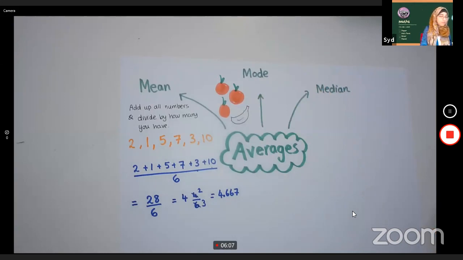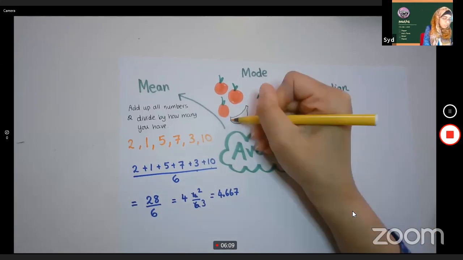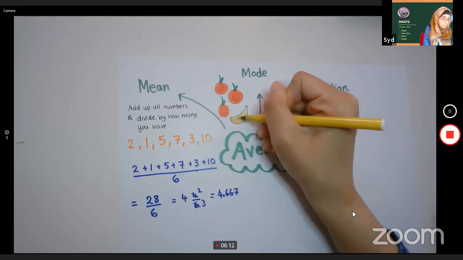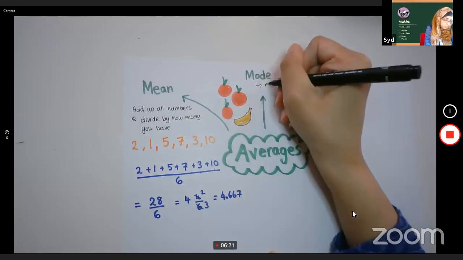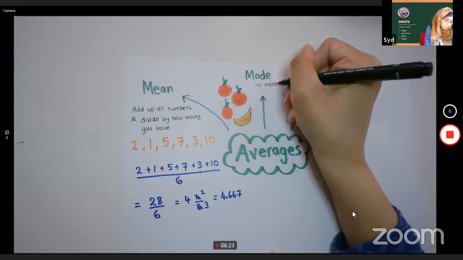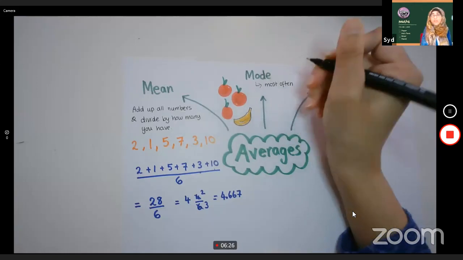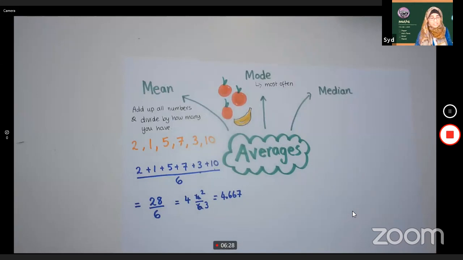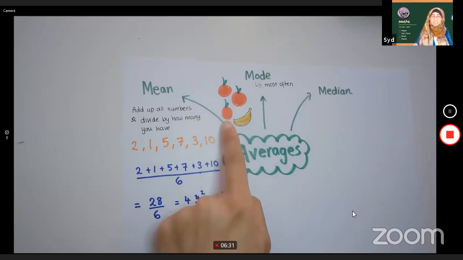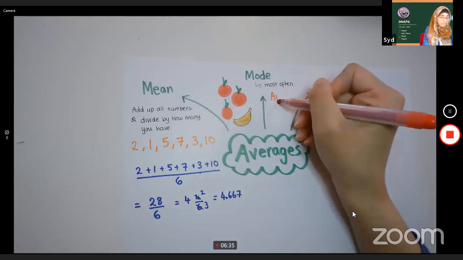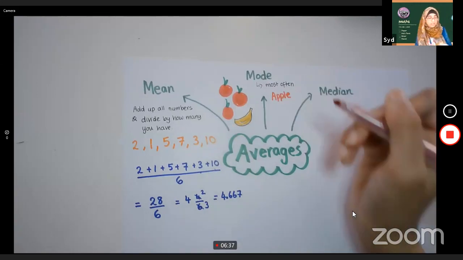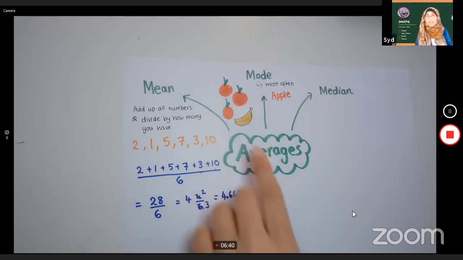So I've got 3 apples and I've got 1 banana. So with mode, you don't have to have numbers. You can be dealing with objects. So here, this is the one which comes most often. So in this particular case, we've got 3 apples. So our mode in this particular case is an apple. An apple is the average if we're looking at the average fruit that we have here.